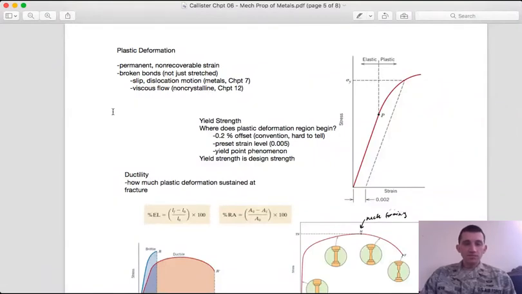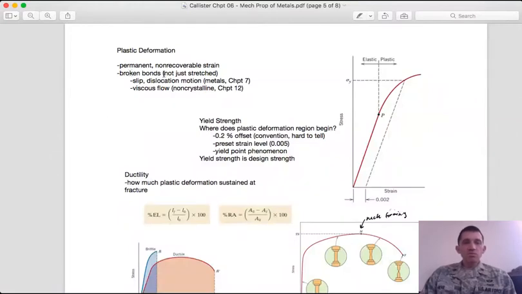And so that could reduce the stress. And as we'll see later on when we talk about strengthening mechanisms, oftentimes that slip will actually increase the strength of the material. And we'll talk about why that happens in later lectures.